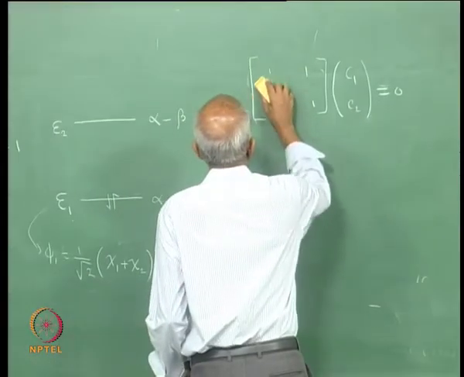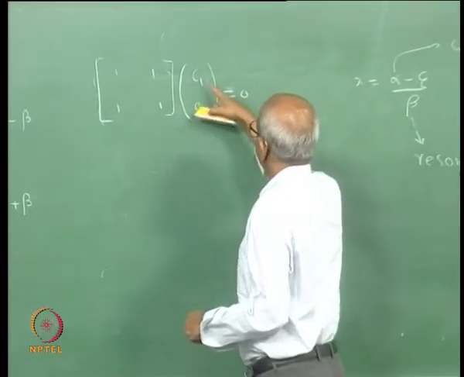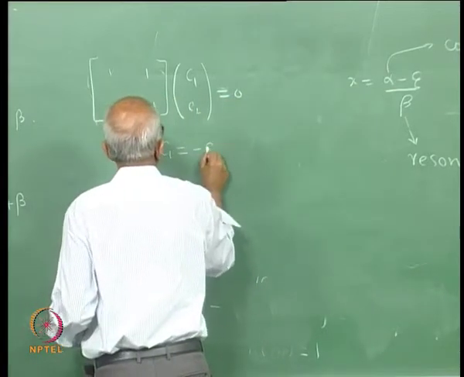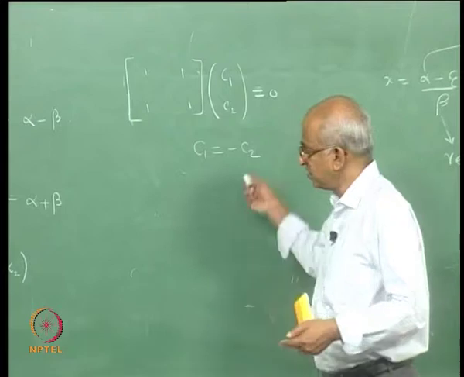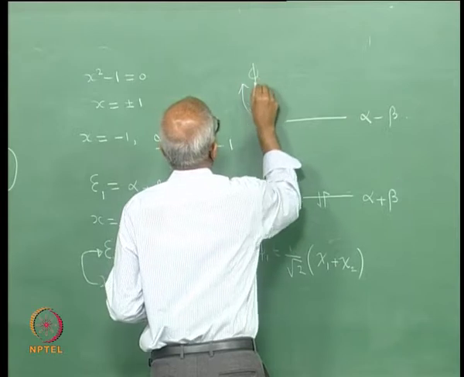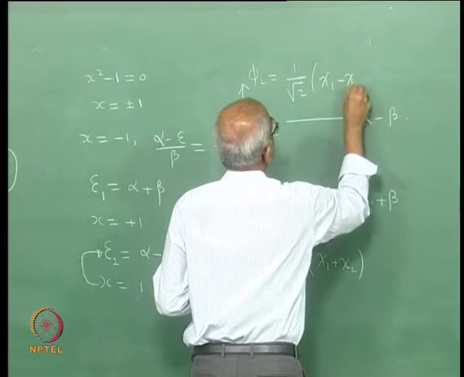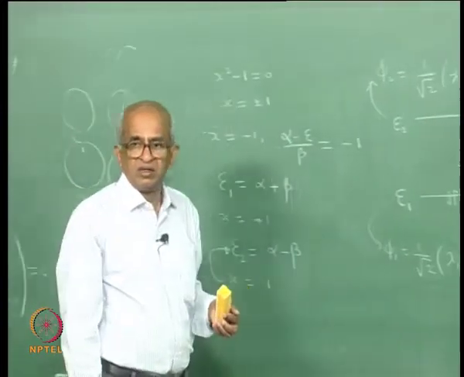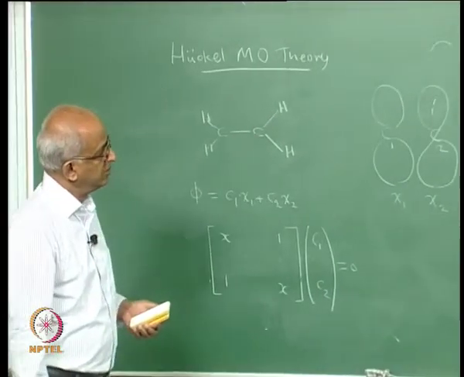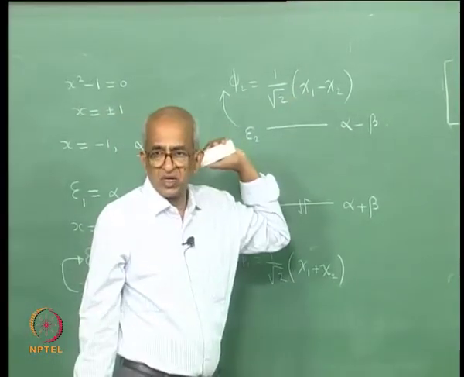What will happen is that you will get 1 1 1 1, that is the value of the matrix, and so this into C1 C2 must be equal to 0, which implies that C1 must be equal to minus C2, and then you can go ahead and find the orbital without any difficulty. You will find that that orbital is phi 2 equal to 1 by root 2 times chi 1 minus chi 2. So, as expected, this is a bonding molecular orbital, and that is an anti-bonding molecular orbital.